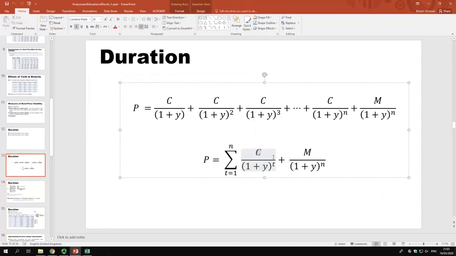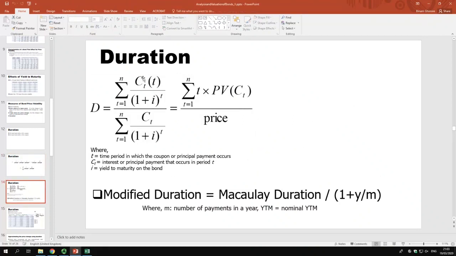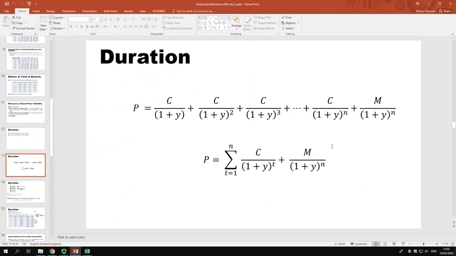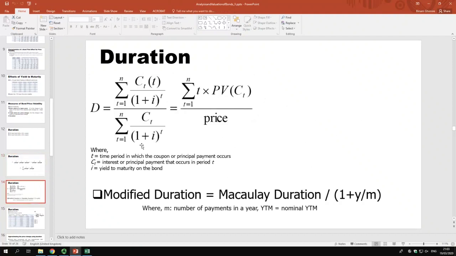It's similar because this C_t now includes both the interest, the coupon, as well as the principal. So C is both C and M all together. So you understand this denominator is actually all of this.